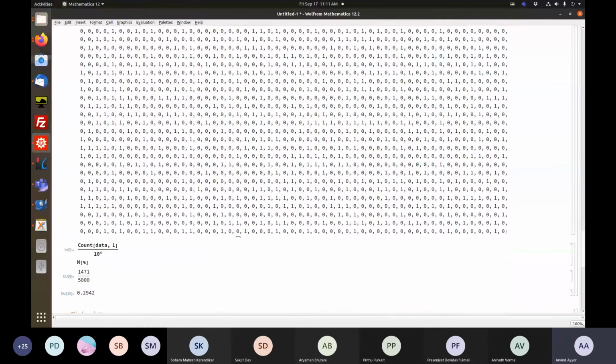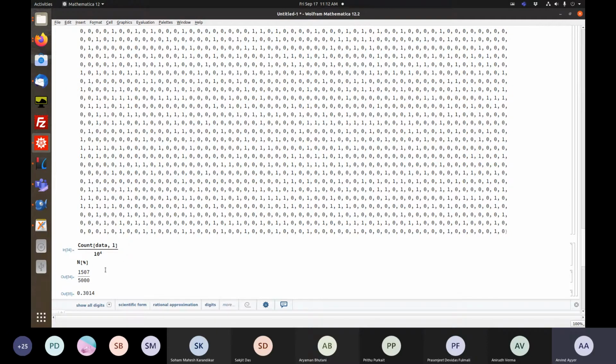So here are these numbers. I don't know if you can appreciate these numbers in any way. I cannot. So what I'm going to do is count how many ones there are in this and divide by 10 to the 4th, which is 10,000. That's precisely the average of these numbers.